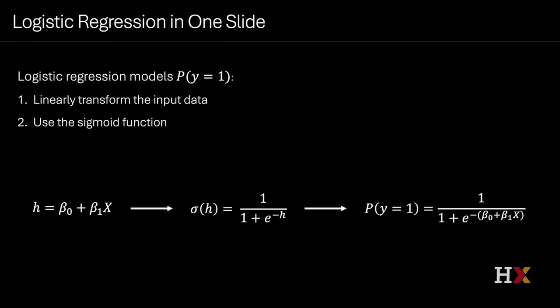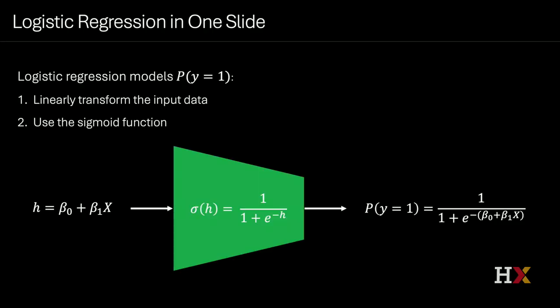Step 2, pass it through the sigmoid function to squash it into a probability: σ(h) = 1 / (1 + exp(−h)). The result is a number between 0 and 1, which we interpret as the probability that the output is 1. If it's close to 0, the model predicts no. If it's close to 1, it says yes.